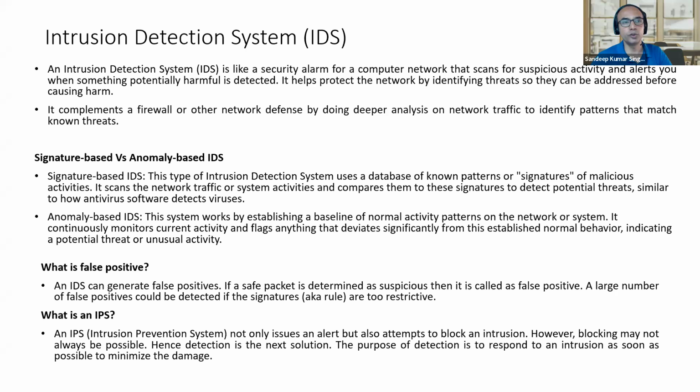Now we'll move to the intrusion detection system, right? So an IDS is similar to a firewall, but it will raise an alarm. A firewall will simply act. It will take action, block the traffic or allow the traffic. That kind of activity it can do.